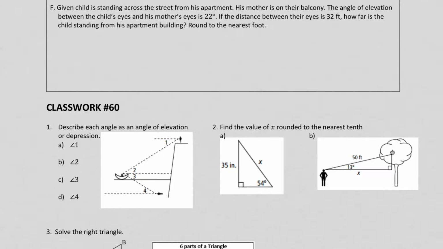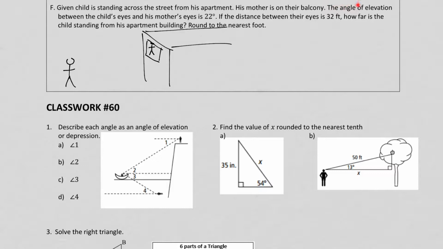So there's a kid that's across the street from his apartment, and mom is on a balcony. So this is not to scale, so please don't think this is the scale, because it's not. So this is a balcony, so here's mom, and here's child, okay? We'll just go with that.